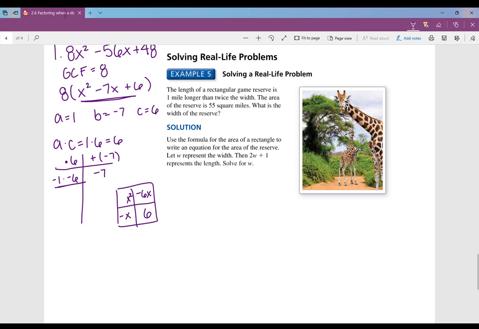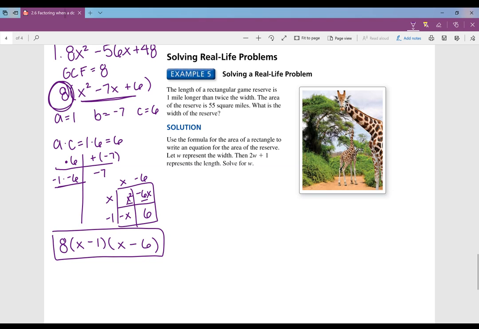Now, if we look for our GCFs, between x squared and negative 6x, we can pull out an x, and we need to do x times x to get x squared, x times negative 1 to get negative x, and then to get 6, we do negative 1 times negative 6. So our answer is x minus 1 times x minus 6, and then we're also going to multiply by 8 from that GCF that we pulled out. So that's your final answer for number 1.